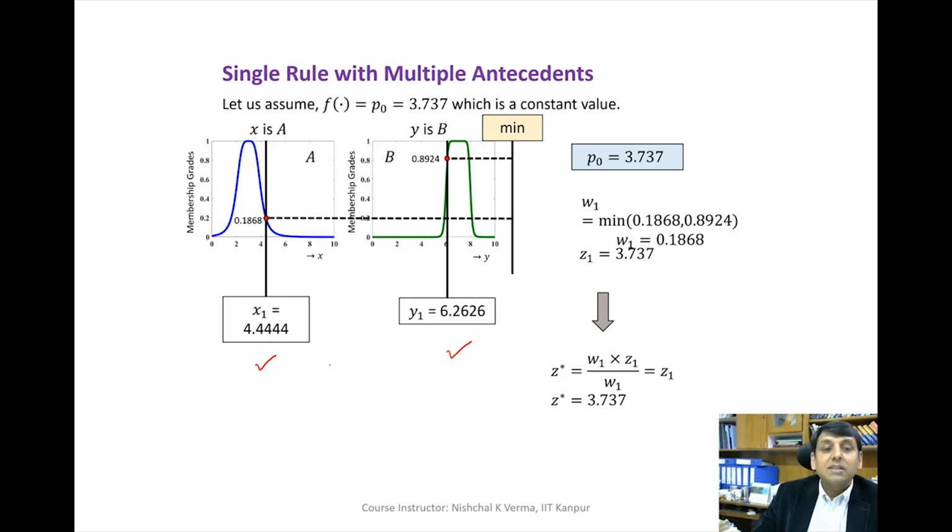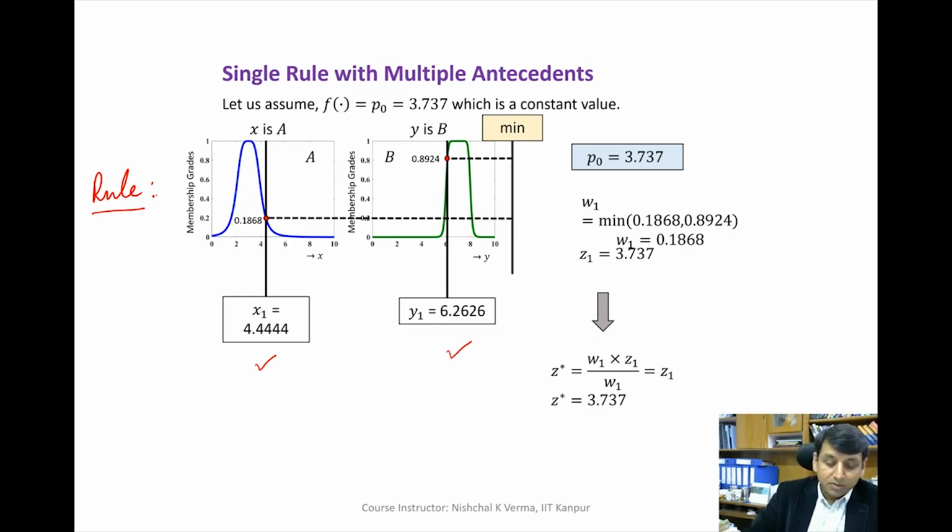Because otherwise these fuzzy regions may not be relevant and this rule may not be applicable. So this is the rule in this case: if X is capital A and Y is capital B, then the output is P0.